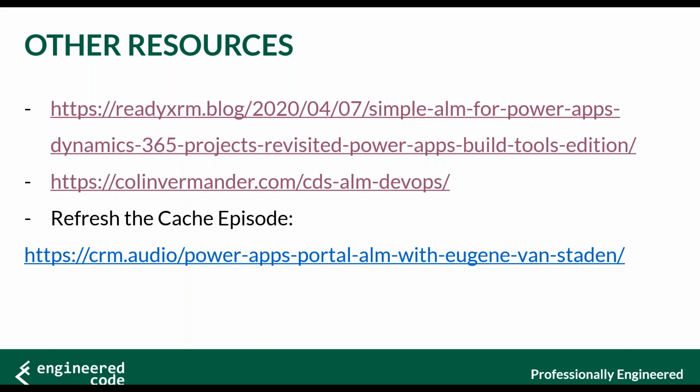I believe this episode is from last fall, so I think it's before the configuration migration utility changes had come in. So he was using a few other different techniques to do that. So definitely worth a listen. I re-listened to it in preparation for this because I wanted to make sure I had all my bases covered. So I recommend listening to that to hear a few other perspectives on this topic.